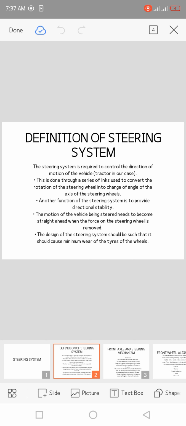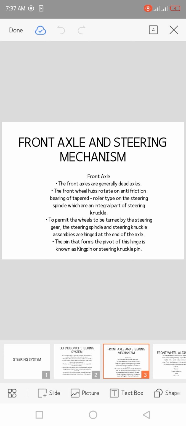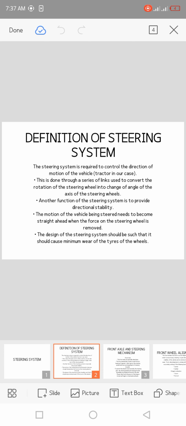Another function of the steering system is to provide directional stability. The motion of the vehicle being steered through to become straight ahead after the force on the steering wheels is removed. The design of steering should cause minimum wear to the tires. Let me clarify that last point: the design of the steering system should be such that it causes minimum wear to the tires.